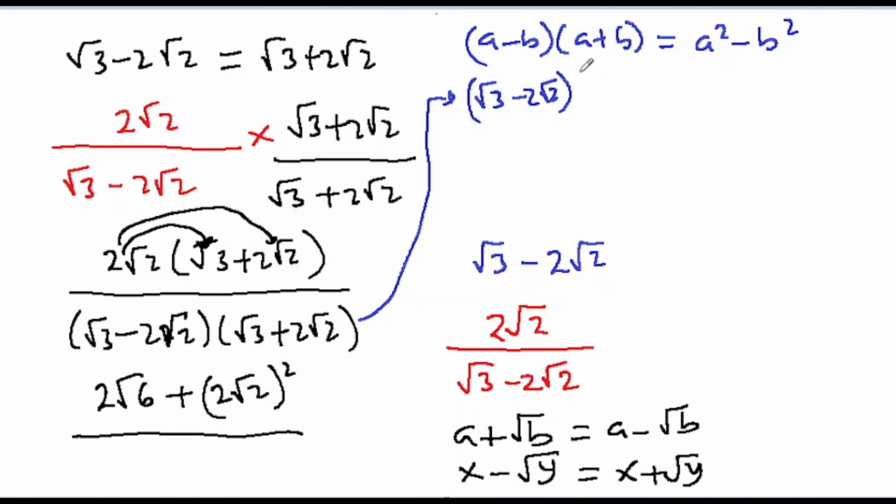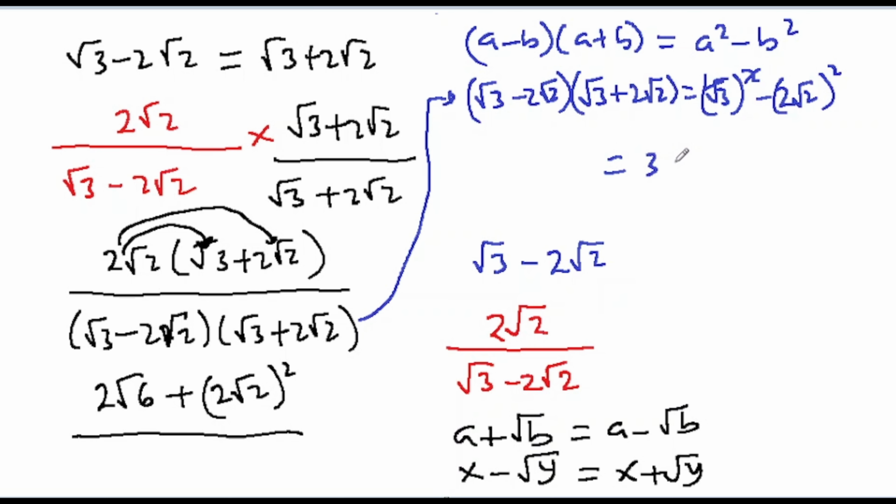That gives us a squared, root 3 squared, minus b squared, 2 root 2 squared.